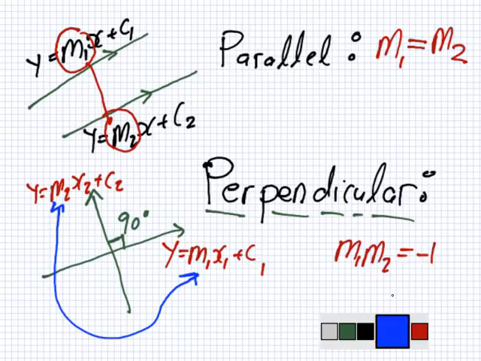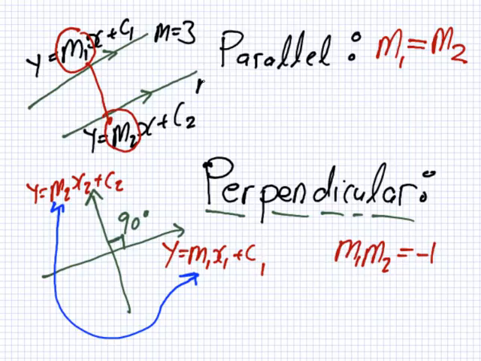So for example, here, if the slope is 3, then the slope here is also 3. But in this one, if the slope here is 3, the slope here is minus 1 over 3, if they're perpendicular. Yeah?